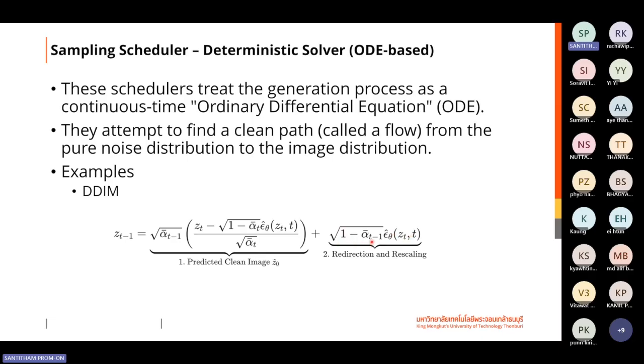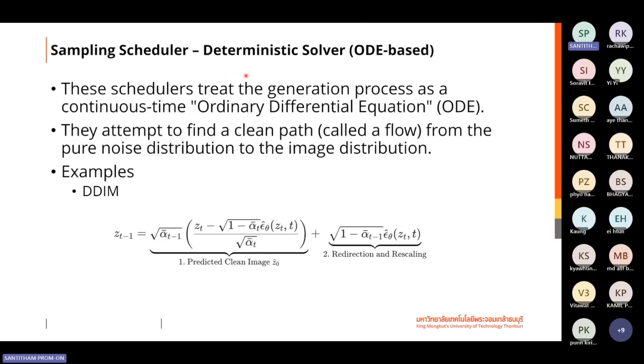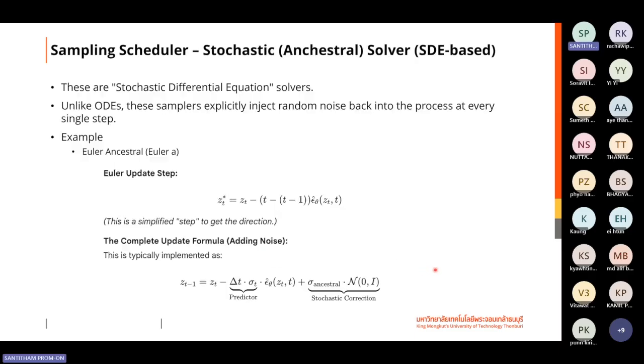So this is the second part. Okay. So it attempts to clean the image. So this zt minus 1 comes from the clean image plus some noise direction. So there isn't any sampling happening here. Right? All of these are deterministic values. The alpha t minus 1 is all a deterministic prediction from the neural network.